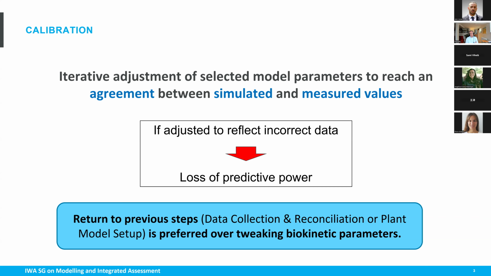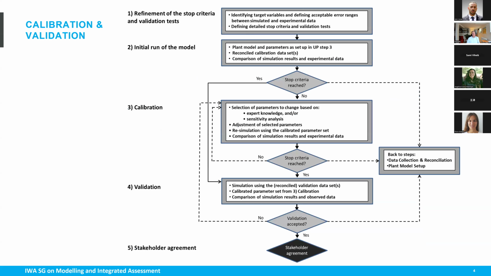It's much better to go back to the data step and say, okay, something is not right, let's make sure that the data is correct as a first step. And the same with the plant model setup. Before you touch biokinetic parameters, if at all, make sure that these two other steps are properly done.